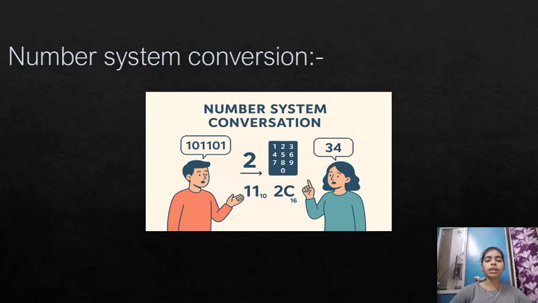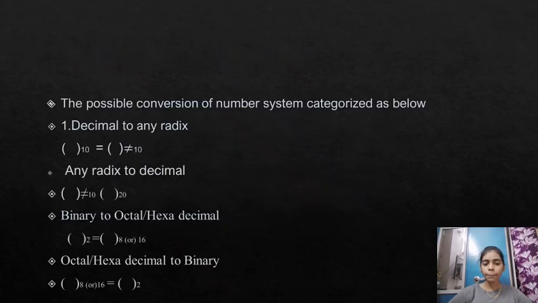If we see decimal to any radix, divide the decimal number by the base and record the remainders. Other systems to decimal: multiply each digit by base power position and add them up.